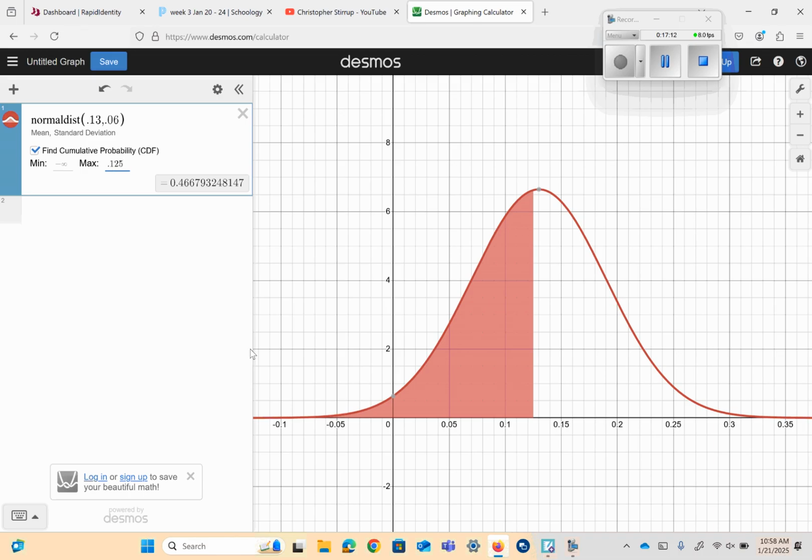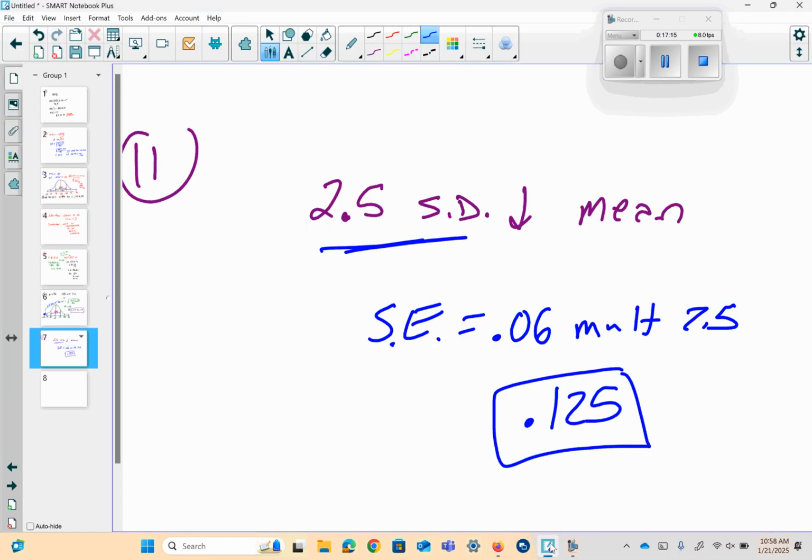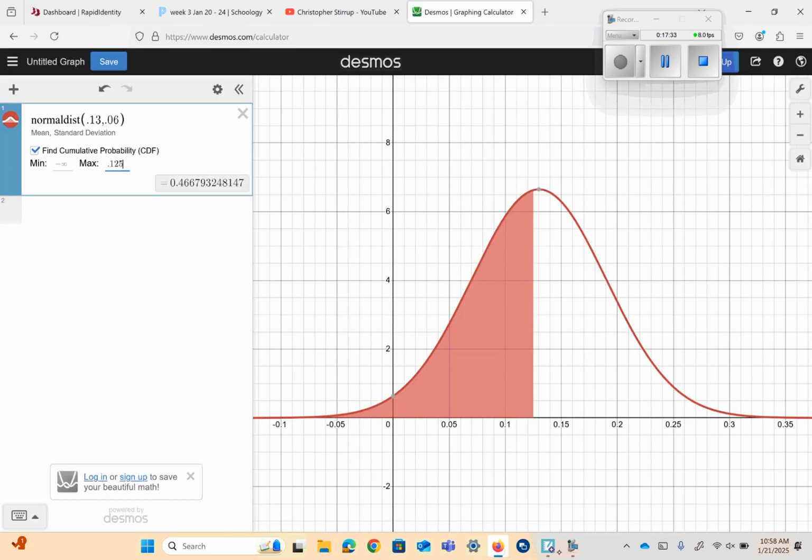Wait, was that what my math was? Isn't it 0.012? I think you multiply 0.06 by 2.5, but then you subtract that from the 0.13.